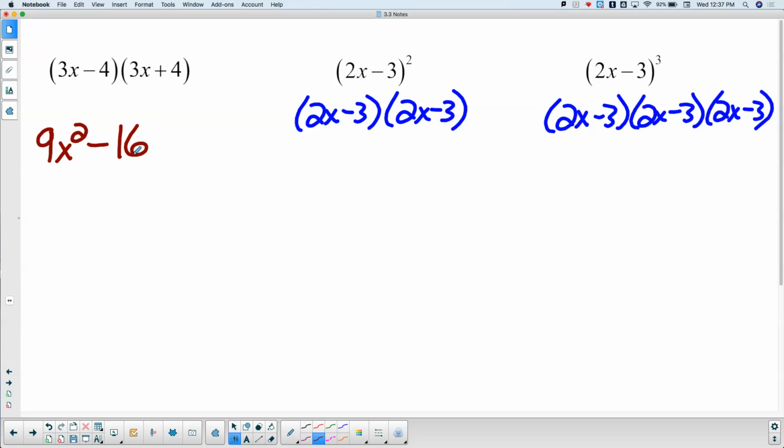Yes. Okay. All right. Need more time for the second one? I got 4x squared minus 12x plus 9 on the second one. Yes?